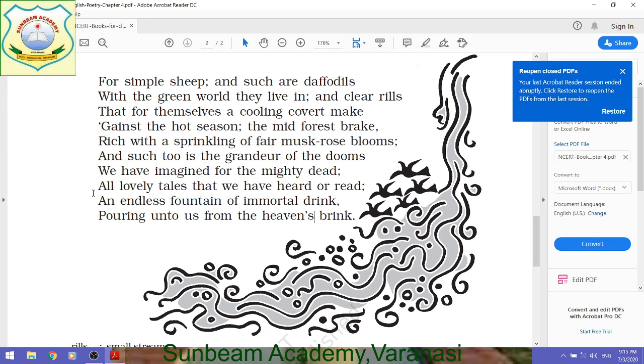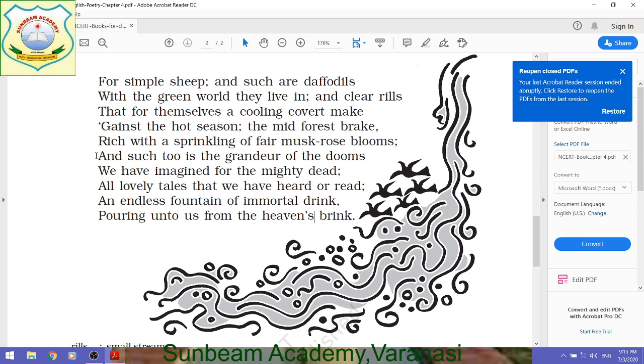So that's why these two lines are very important, as the poet has created a beautiful imagery of an endless fountain of immortal drink, which are the things of beauty present on our earth.